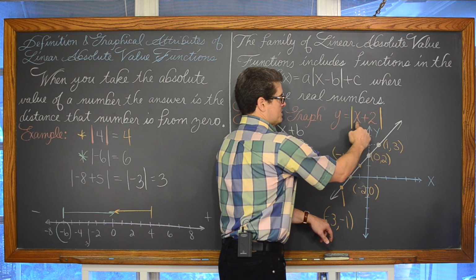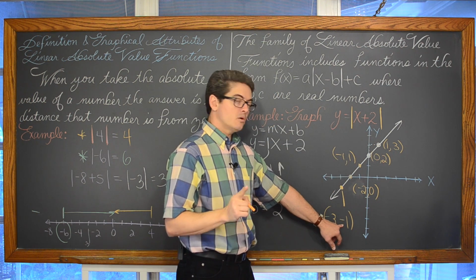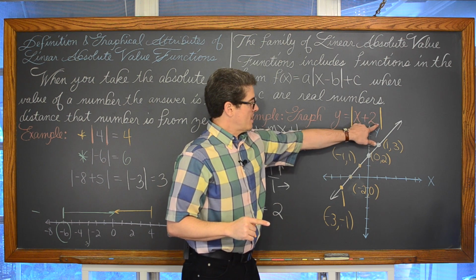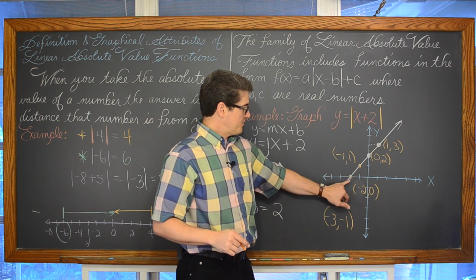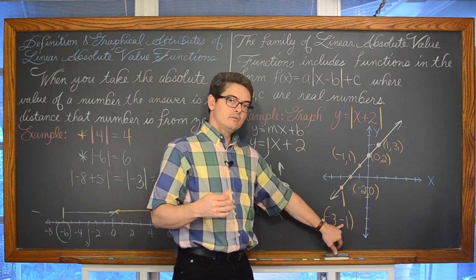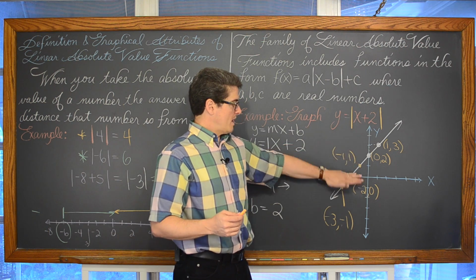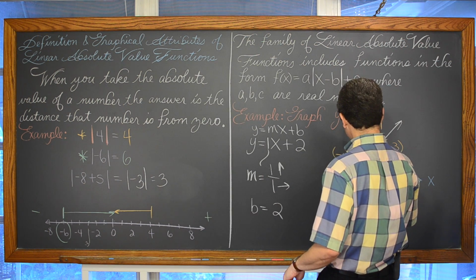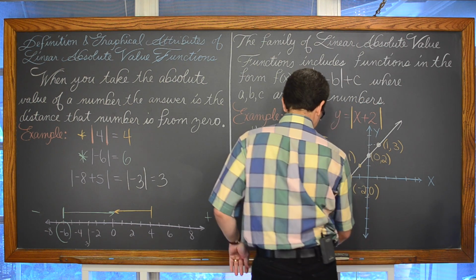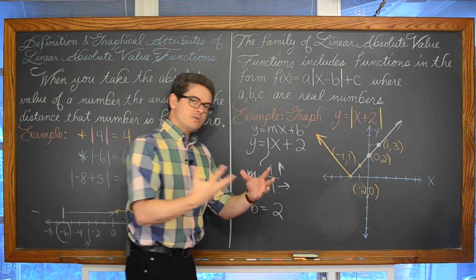Negative 3 plus 2 is negative 1, but the absolute value of negative 1 is positive 1. So with that absolute value function wrapped around the x plus 2, the portion of this line that is going to have negative y values is going to get reflected about the x-axis and look like this.